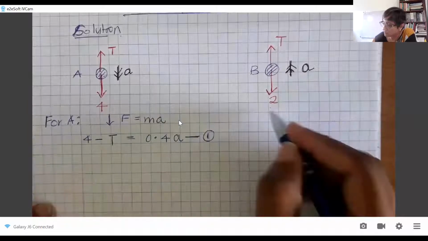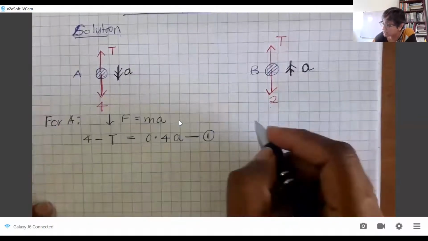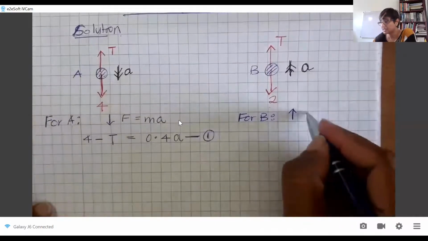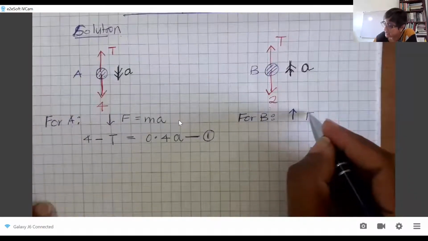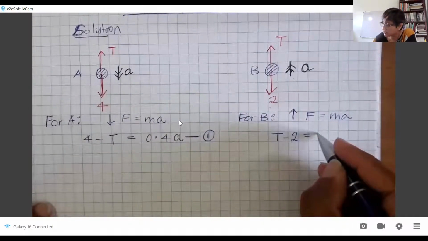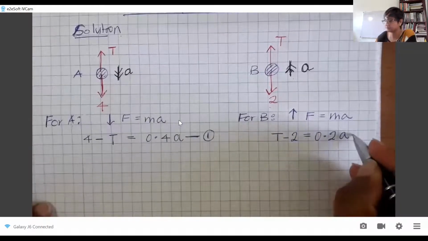For B, you apply F equals ma upwards, because it's moving up. T is greater than 2. So it's T minus 2 is equal to 0.2 times A. That's number 2.